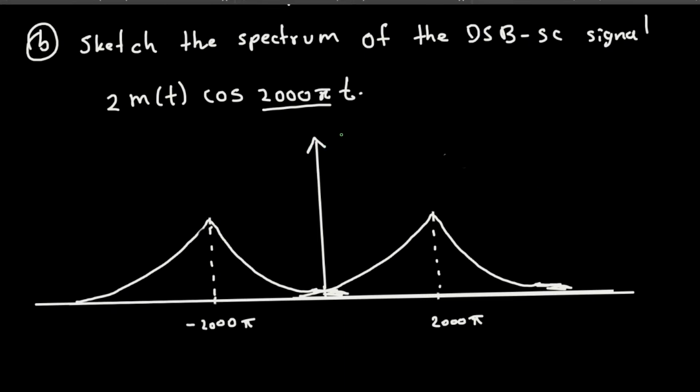And this graph is the DSB output signal, and this one is omega. Okay, so that is B part.